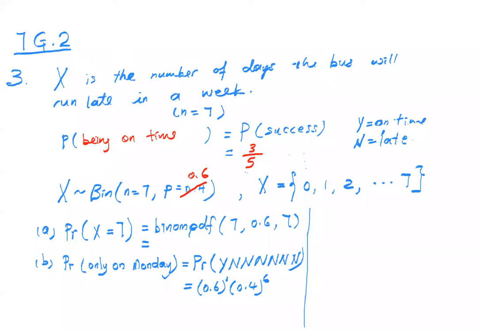I tell you what, I can even change the question like that: only on Monday or Wednesday. If I use the word or and if I use the word and, it makes a difference. You understand or not? If I make it or, only on Monday and Tuesday, it means that Monday is late, Monday is on time, Tuesday can be no, or both days can be on time, or only Tuesday can.